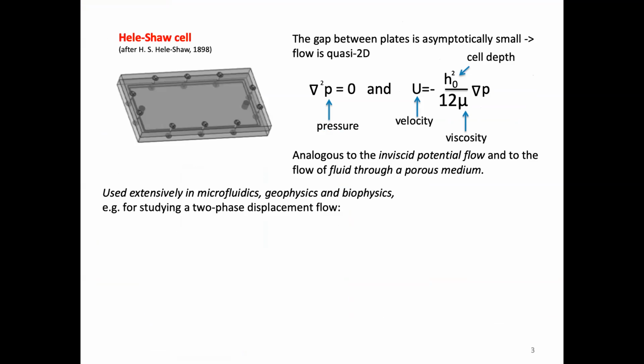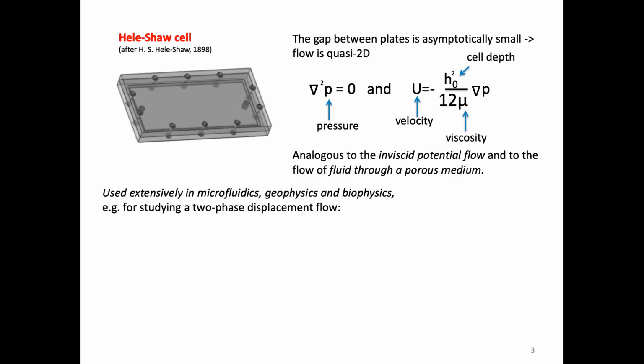A consequence of that is that if you consider any flow inside that system, you have effectively a parabolic profile in this narrow direction, which means that you can write down the average velocity in that individual cross-section as some constant times the gradient of the pressure field, which is effectively two-dimensional as well, and the pressure field satisfies the Laplace equation. The consequence of that is that flows in Hele-Shaw cells are analogous to inviscid potential flows and to the flows of fluid through a porous media, in other words, a Darcy flow in 2D.